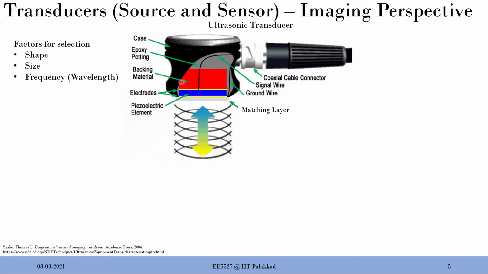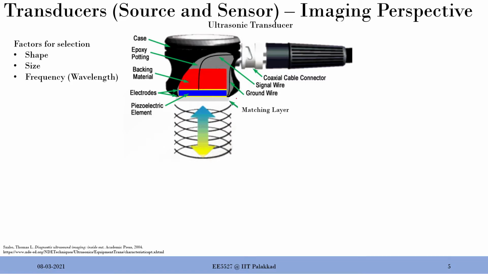So for that you need to put a backing material which is shown in the red color here. So that is like a dampener, it will damp anything which is going in this direction. So you don't really want the waveform to go in this direction. If something is going, this guy will say that no, I will damp it, you only should go in this direction. So that is the meaning of it. So there's a backing layer, okay? So that is here, so it's like a dampener.